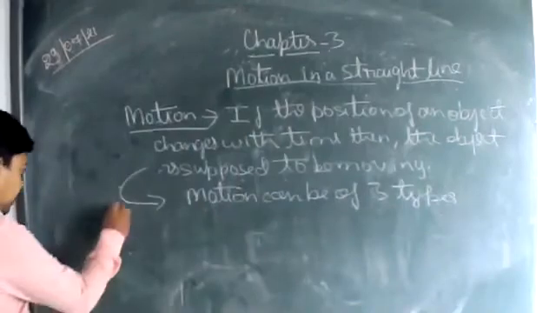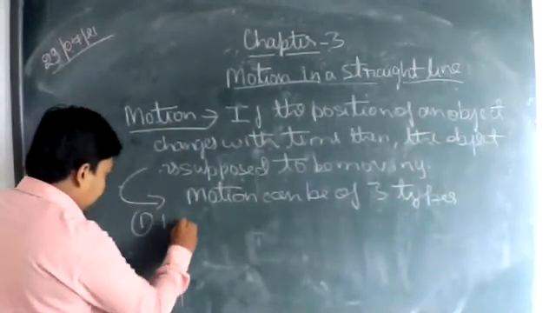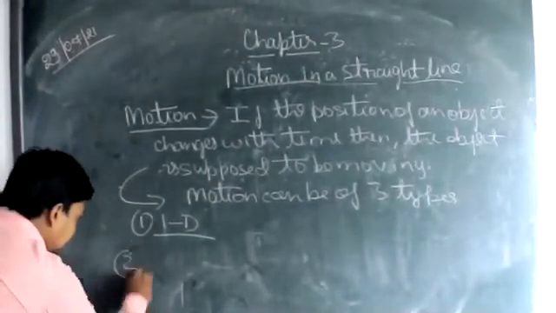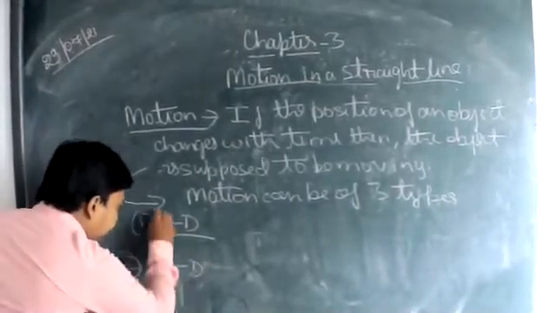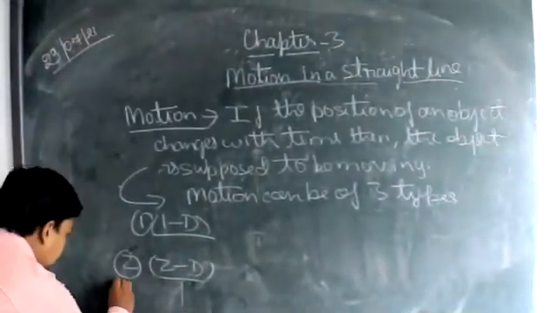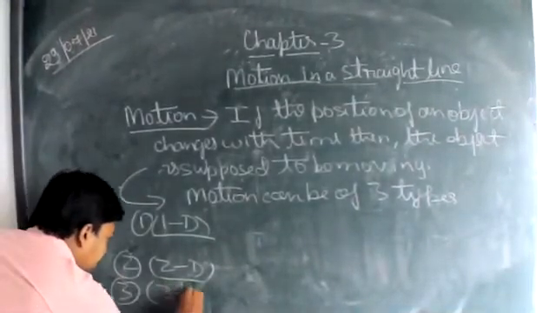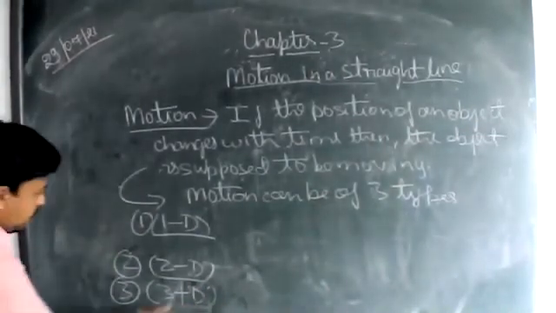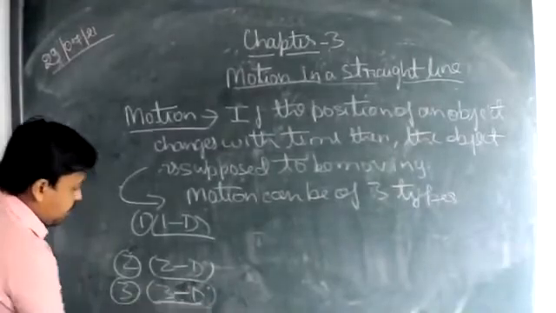First is 1D motion, or one-dimensional motion. Second is two-dimensional motion, 2D motion. Third is 3D motion. So the motion can be of three types.